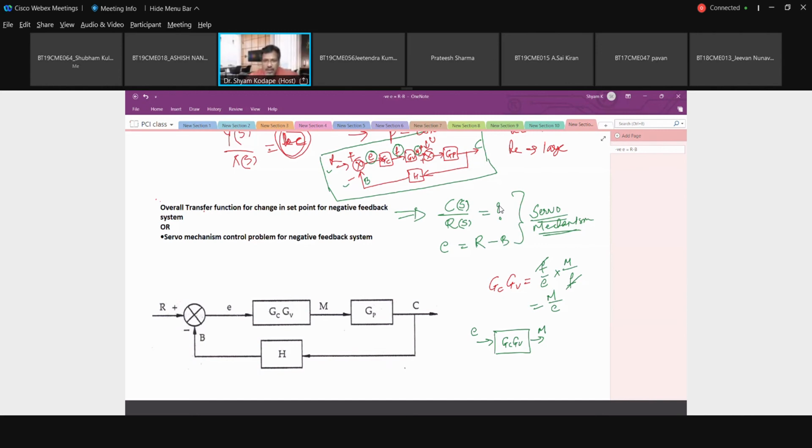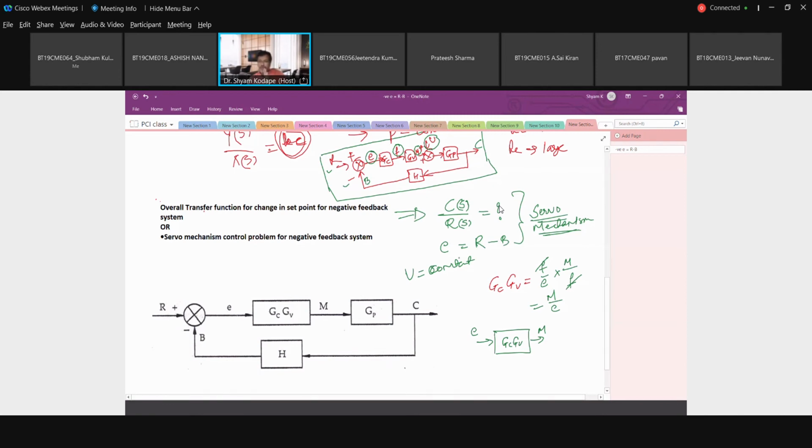Similarly, this U is constant. Its deviation will be 0. The load variable is not changing, because we are discussing C by R. We are considering U is 0.